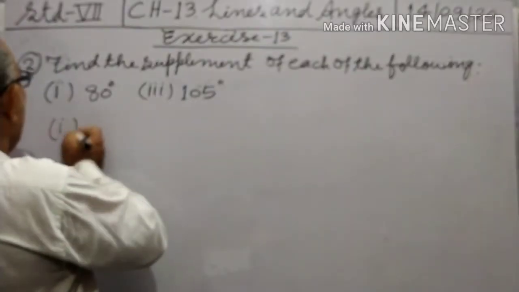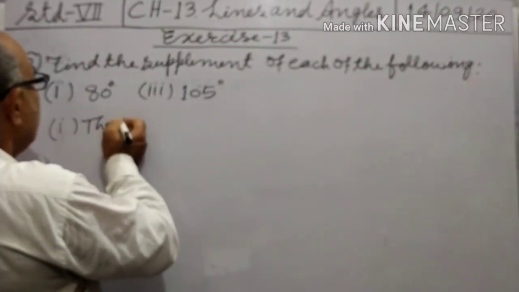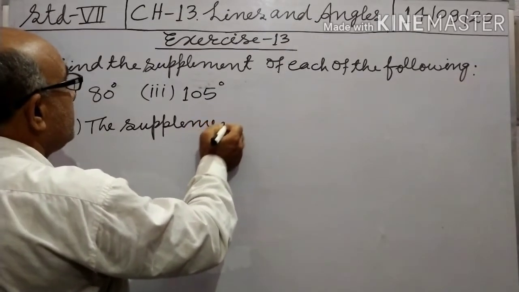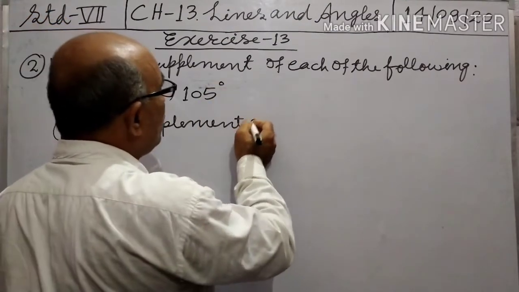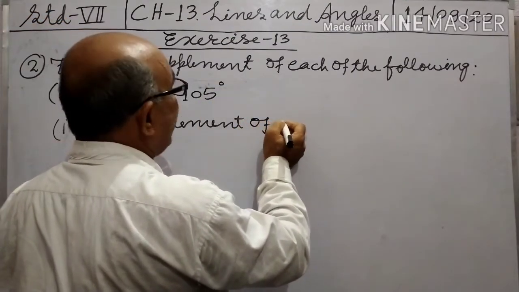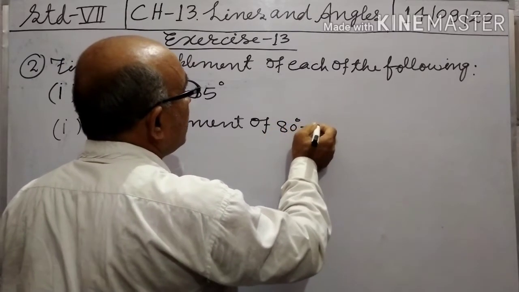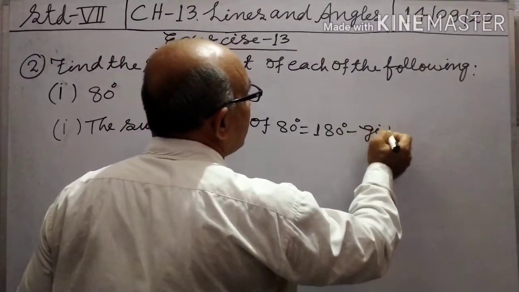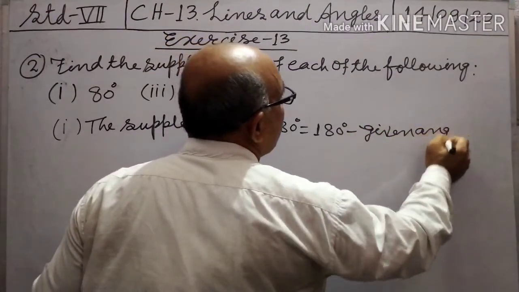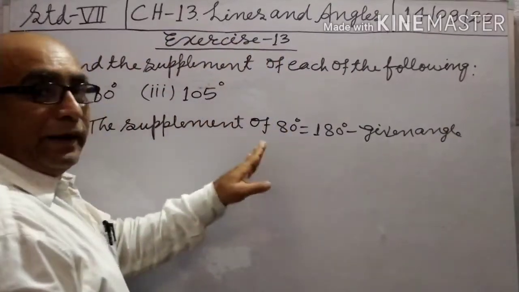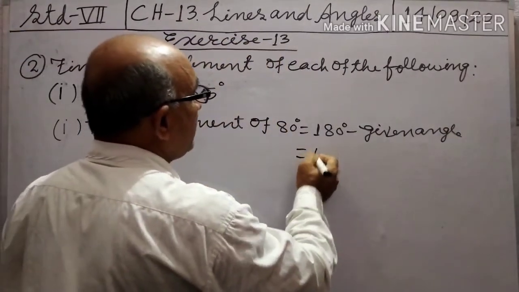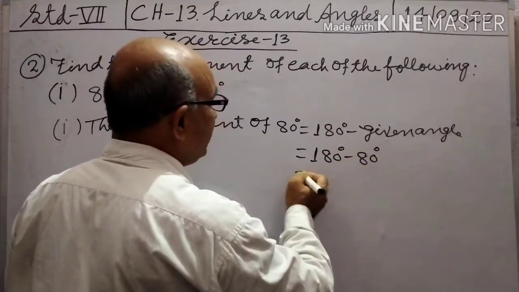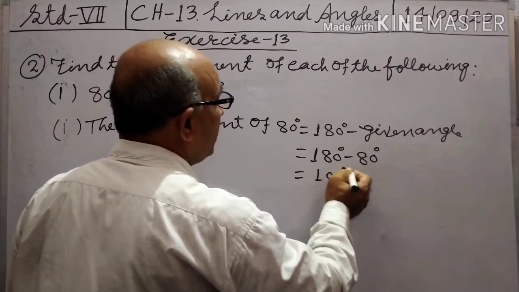So question number 1 of 2, the supplement of 80 degree equal to 180 degree minus given angle. 180 degree minus given angle equal to 180 degree minus 80 degree equal to 100 degree. Answer.